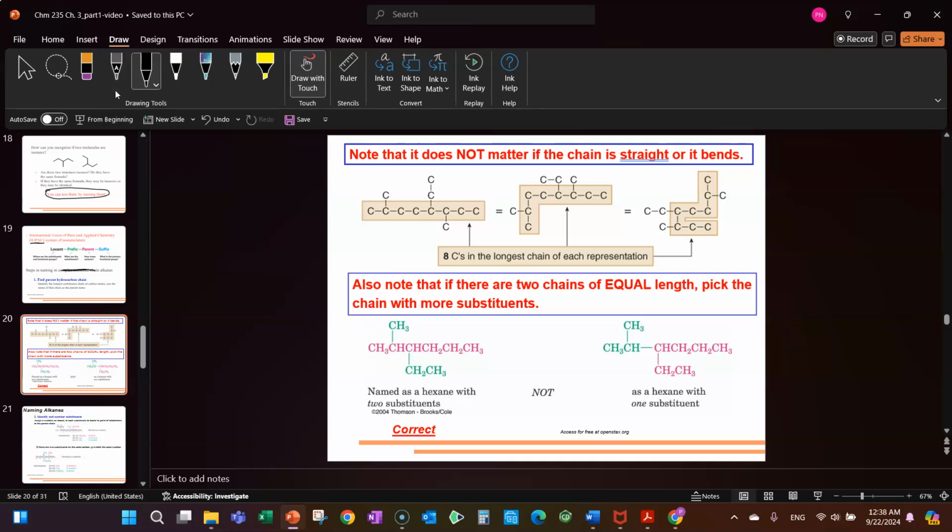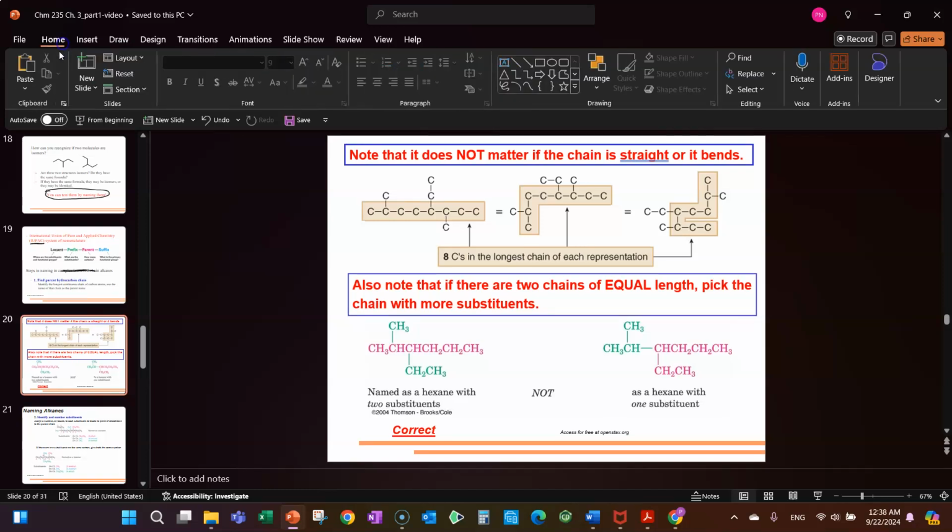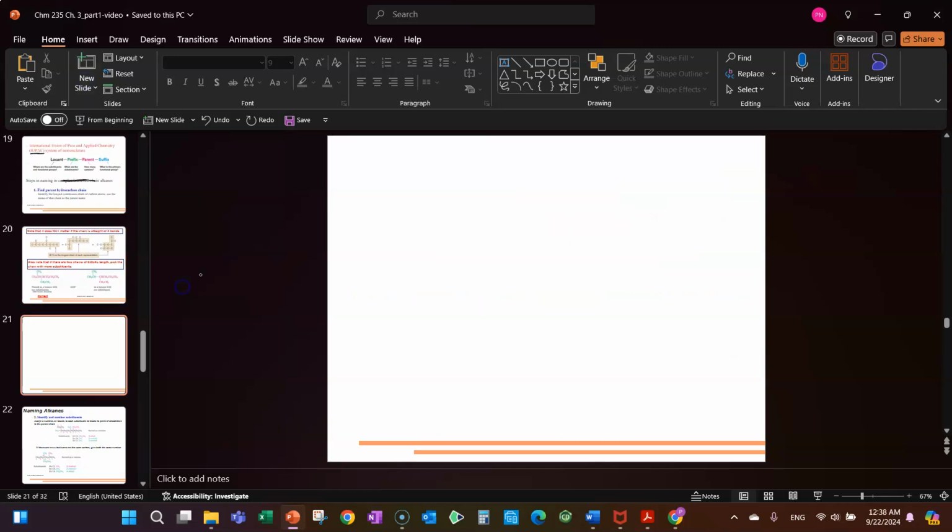I can give you a better picture by drawing it as a skeletal structure, as I keep saying, because a skeletal structure sometimes gives you a better idea of how the molecule looks. For example, if you had 1, 2, 3, 4, 5, 6, and then here we have two groups, you will look for the longest chain.